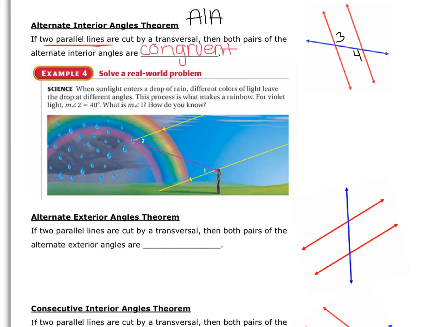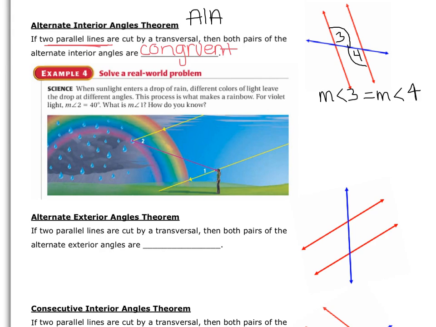So basically we have another pair. So angle 3 is going to be congruent to angle 4. So the measure of angle 3 is equal to the measure of angle 4. And you also would have your other pair here if you did these two angles. They are also alternate interior angles.